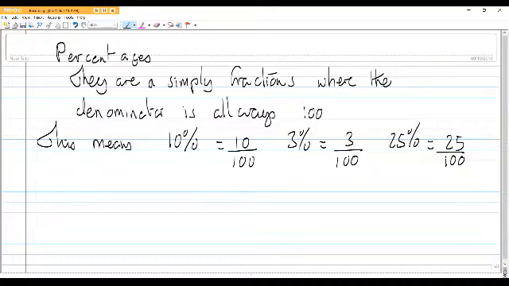So really they're a short way, or maybe a strange way, of writing a set fraction where the denominator is always 100.